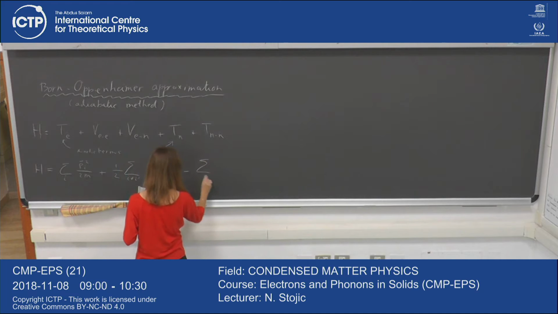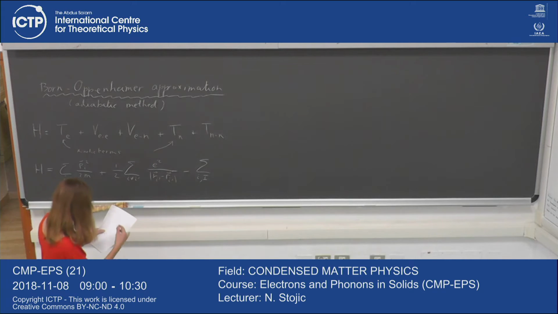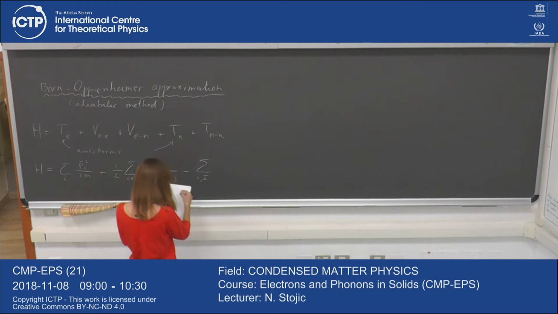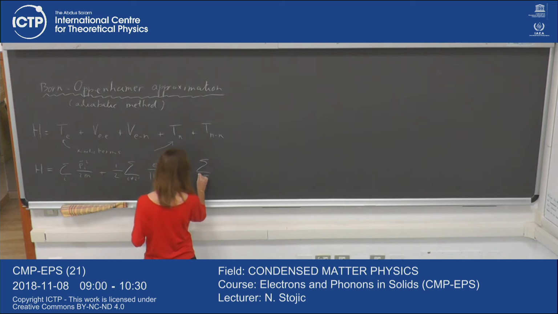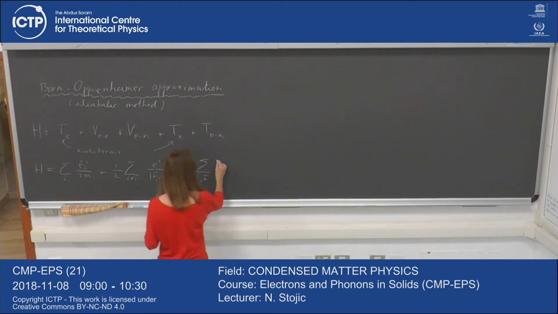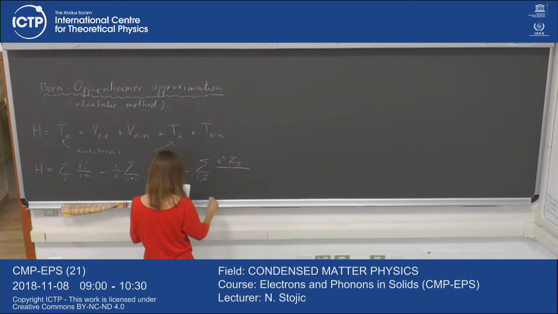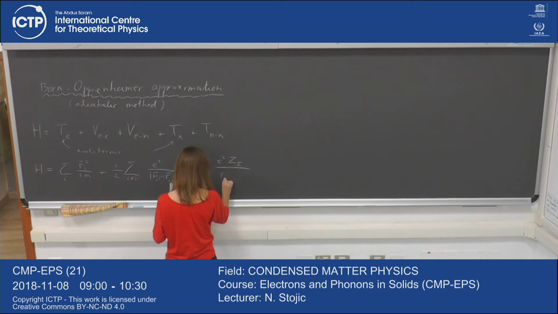Minus the sum over i and capital I. I will use capital letters for the ions, the nuclei, and small letters for the electrons. So e squared Z_I, the atomic number of nucleus I, over the absolute value of r_i minus R_I.